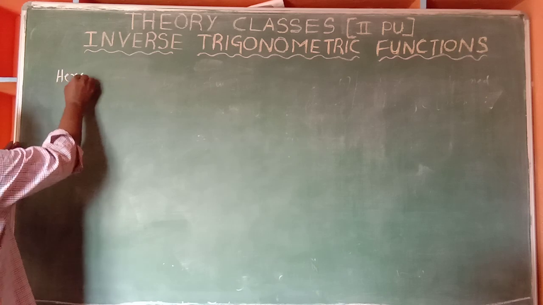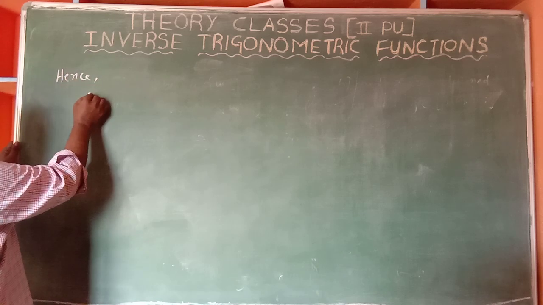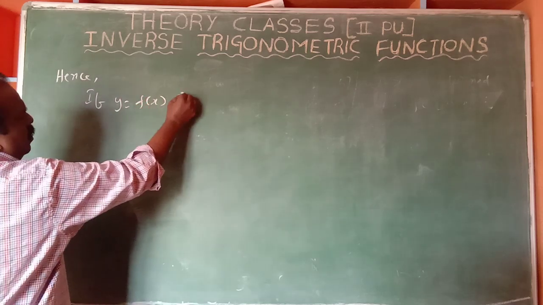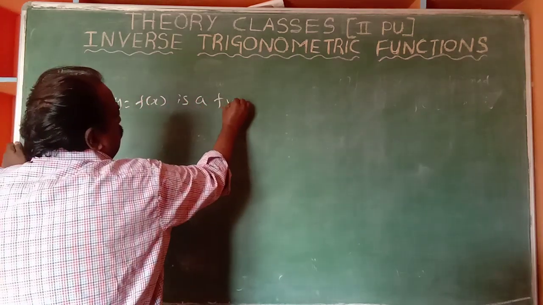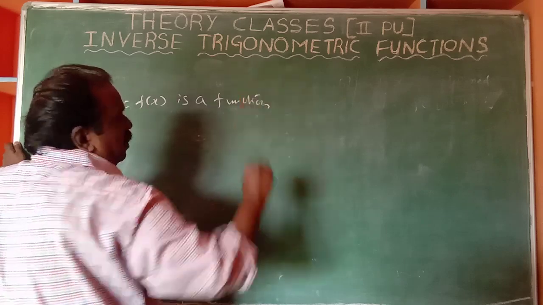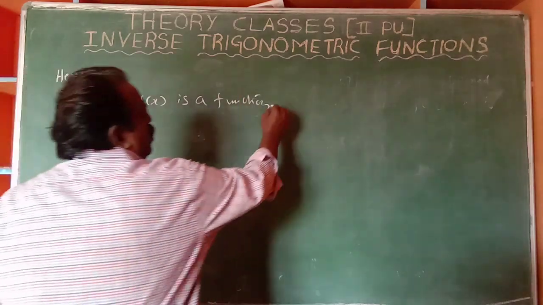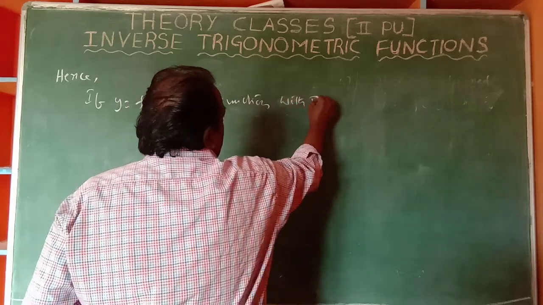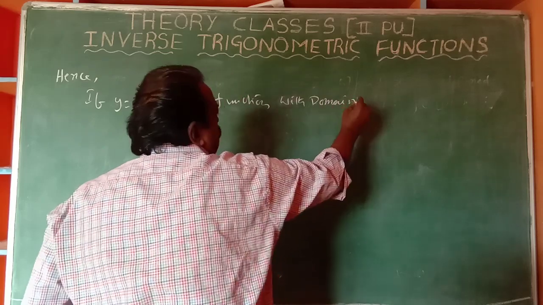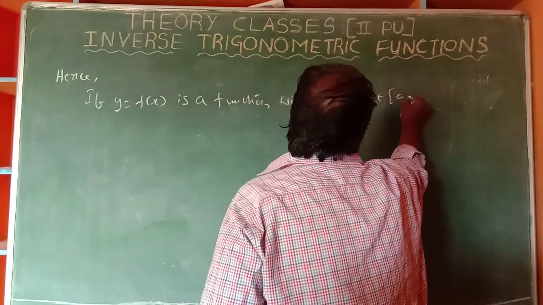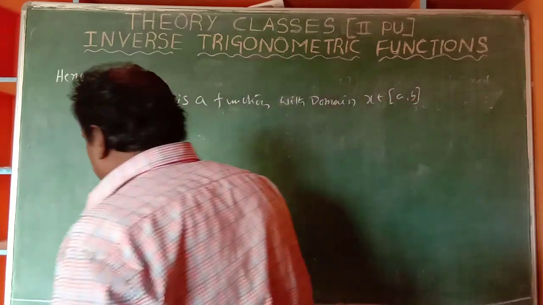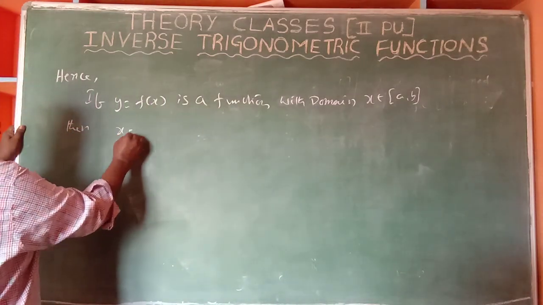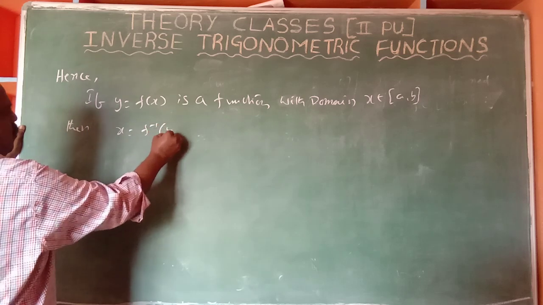Hence, observe, if y is equal to f of x is a function with domain x belongs to a comma b, then x is equal to f inverse of y.